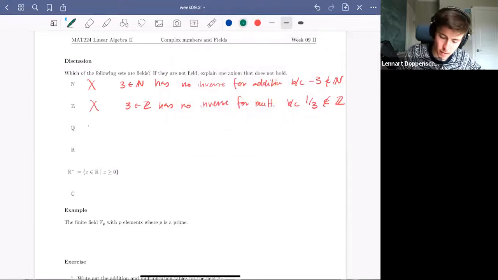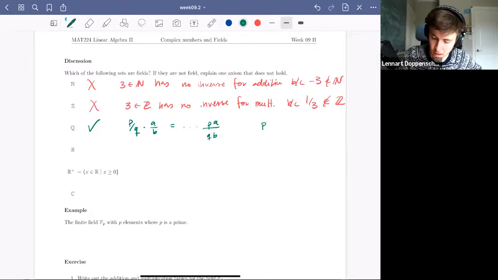So Q is indeed a field, and you can verify that you can multiply. You have P over Q with fractions, and you can maybe have A over B, and you can define this product to be PA over QB, and you can also define P over Q plus A over B to be, well, you'd have to have some common denominator, and then you would have PB plus QA.